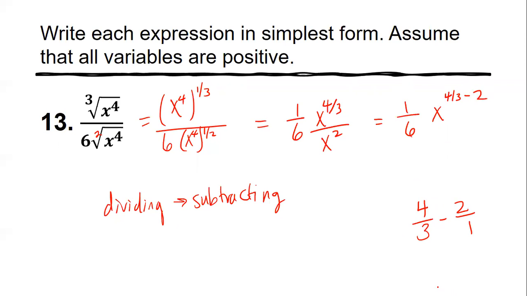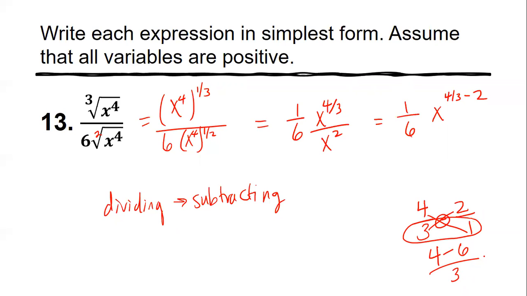Turn 2 into a fraction and either cross-multiply or find a common denominator, right? So we have 4 times 1 is 4, minus 3 times 2, which is 6, over 3 times 1, which is 3.